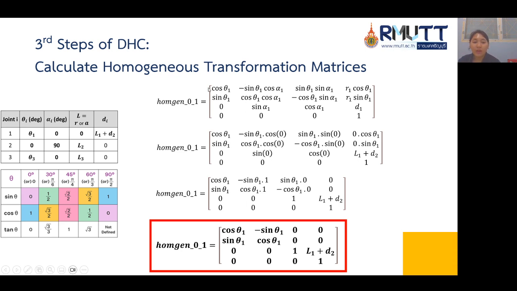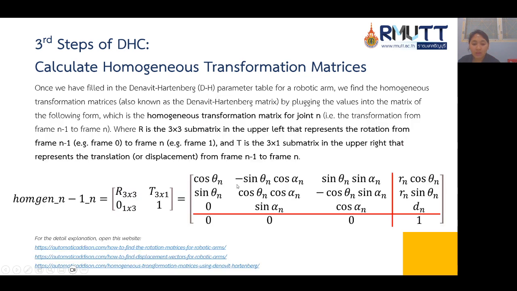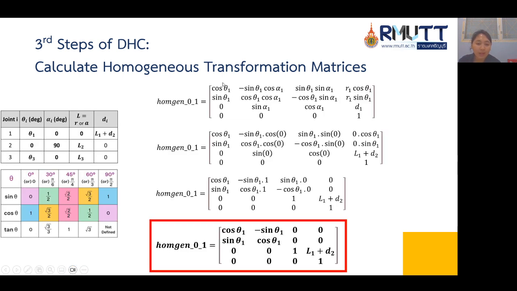So after that, by using this matrix equation, just fill it in using this DH parameter table for the homogeneous transformation matrix M N, where M is 0 and N is 1. This is for the first joint.